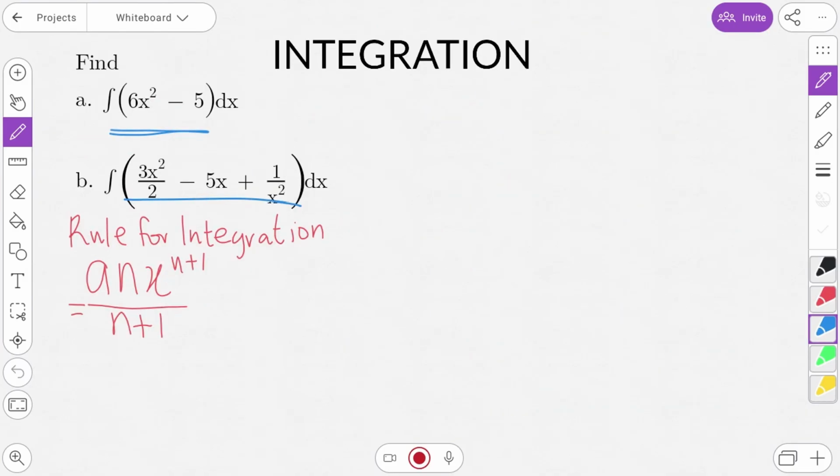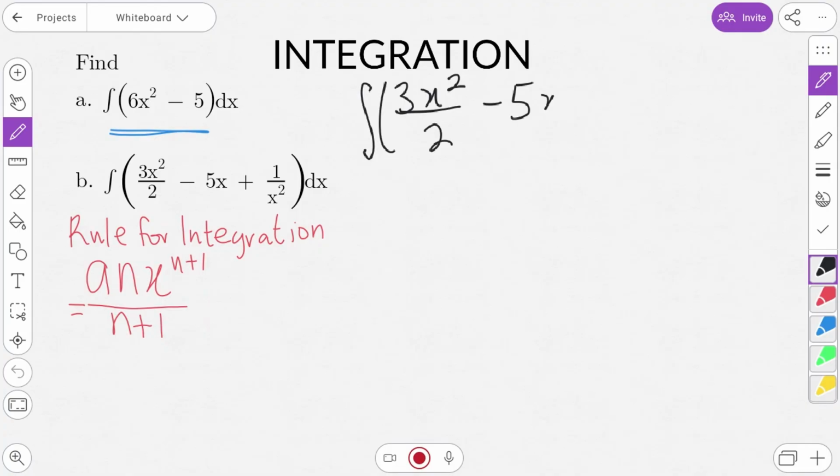With the next question, we have 3x squared over 2 minus 5x plus 1 all over x squared. So let me rewrite it. 3x squared over 2 minus 5x plus 1 over x squared dx.